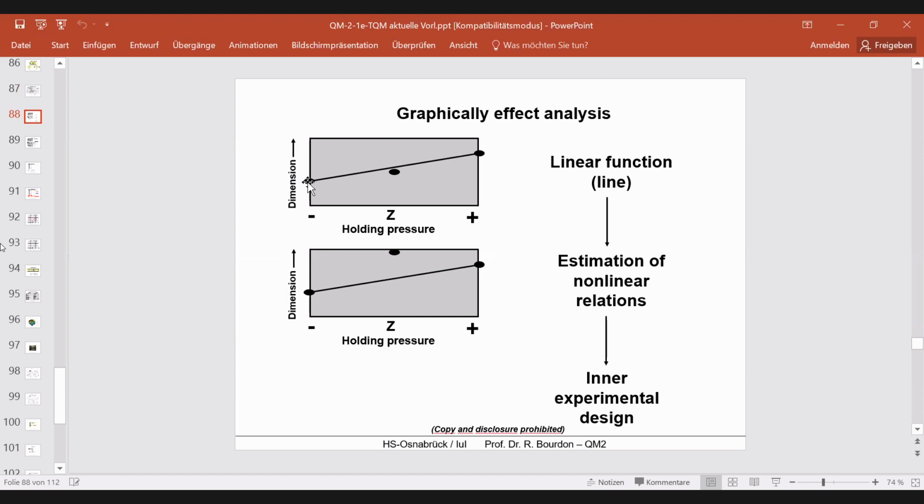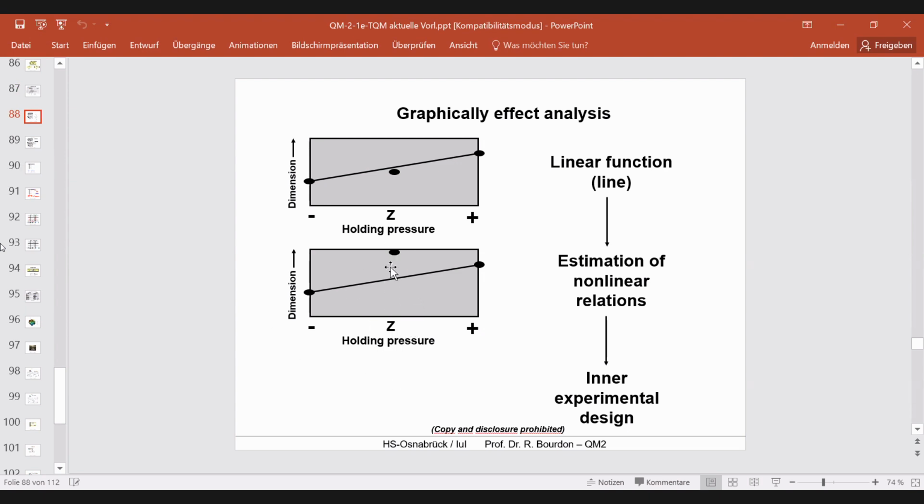And if the mean value here is in the area of the line, then you can say, okay, it is a linearity between plus and minus. If the central point result is far away from the line, then maybe there is a non-linearity in the inner area here, and then you have to do additional experiments in the inner area.